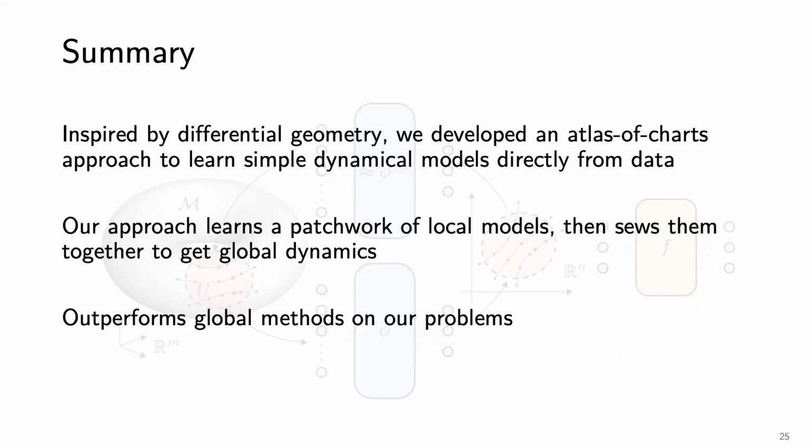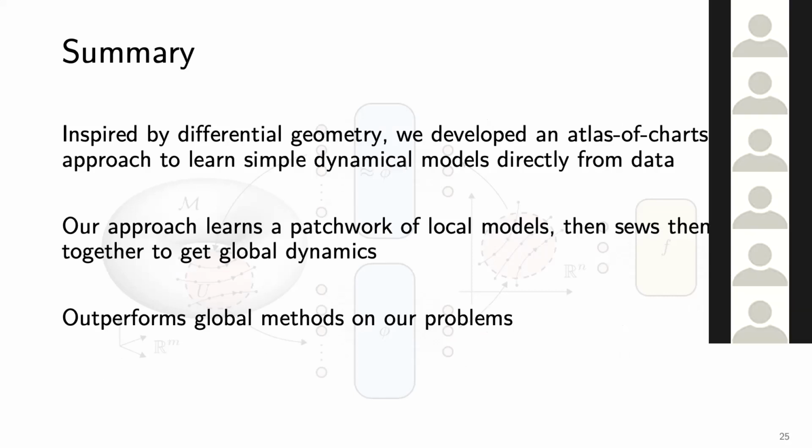Okay, so just to quickly summarize, inspired by differential geometry, we developed an atlas of charts-based approach to learn the simplest dynamical models possible directly from data. The way that our approach works is by learning a patchwork of local models and then sewing them together to get global dynamics. And as we've shown, this breaking things up into patches unlocks abilities that global methods do not have, at least for the problems that we've shown here.